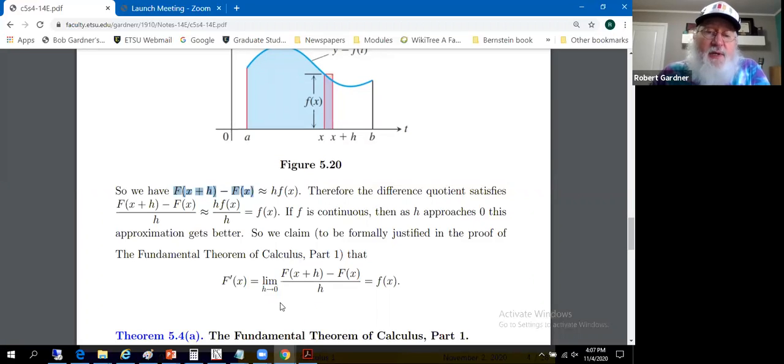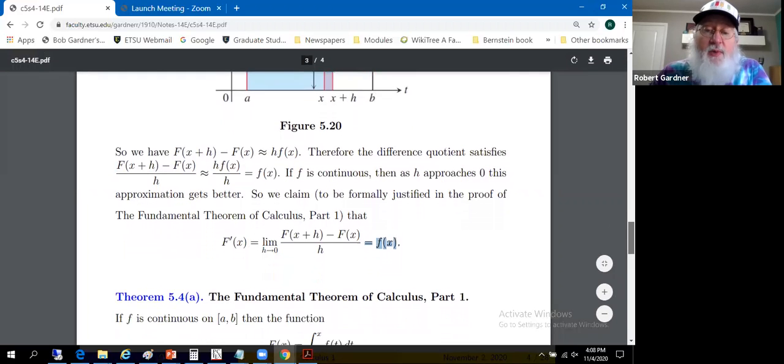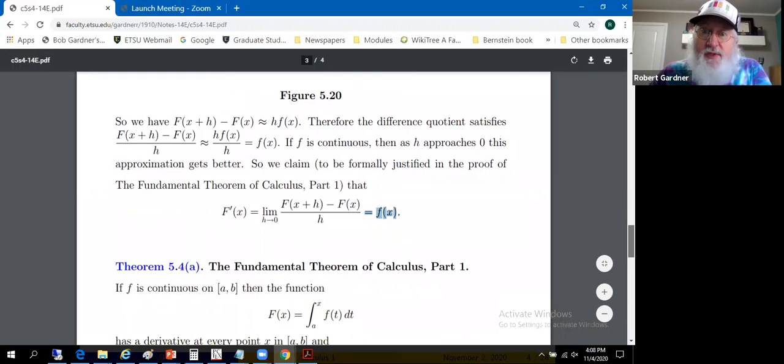And when you take a limit as h approaches 0 of the difference quotient, then you get the derivative. So you get capital F prime of x. And we're arguing that ought to equal f of x based on this picture. So it's an informal argument. You like formal arguments, it's common.